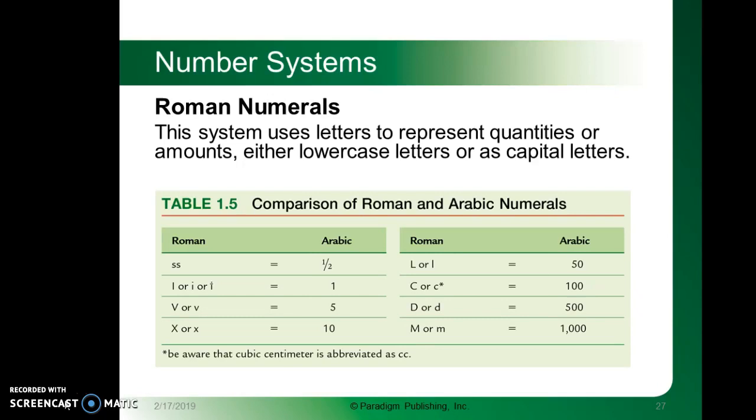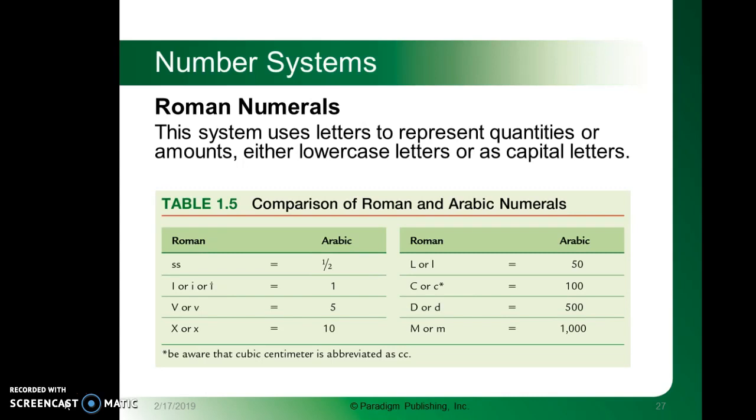A Roman numeral is a system using letters to represent quantities or amounts, either using lowercase letters or capital letters. If we look at table 1.5, we can compare our Roman system to the Arabic system.